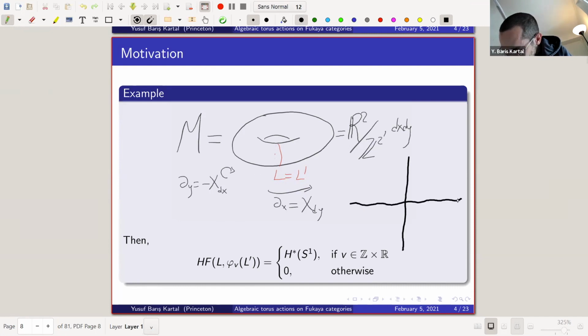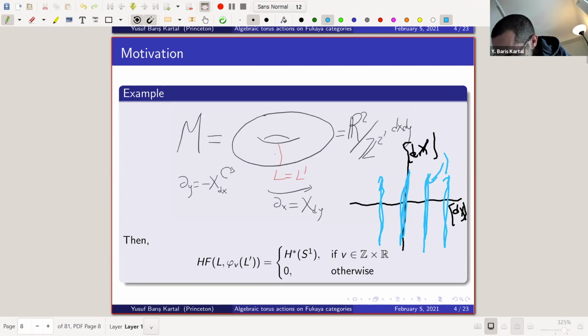So here is a picture. Here's the first cohomology. This is the dy axis. I identify the first cohomology with R squared, and Floer homology groups are non-zero on this blue line here, and here, and here, and here. And it's 0 everywhere else. Okay.